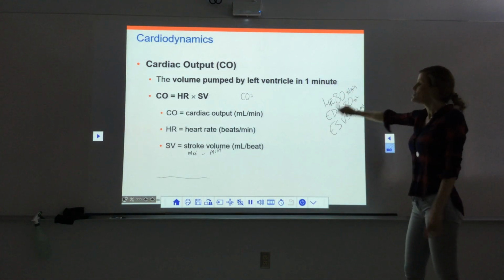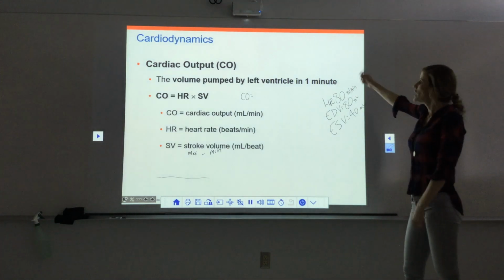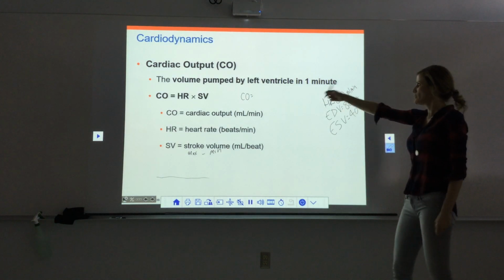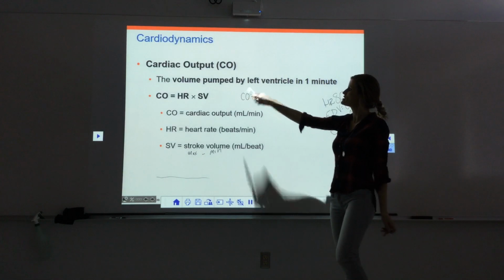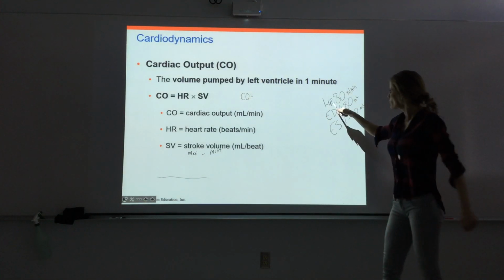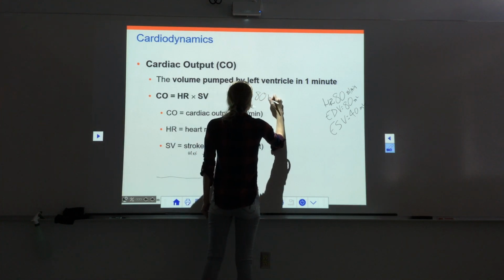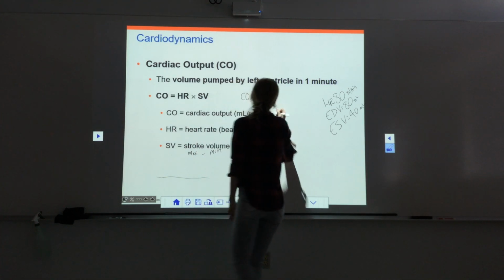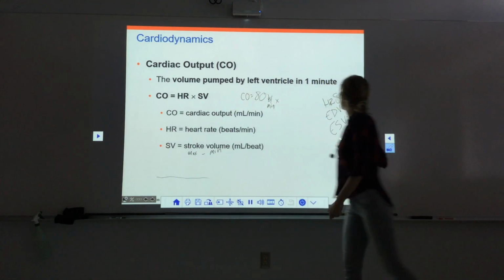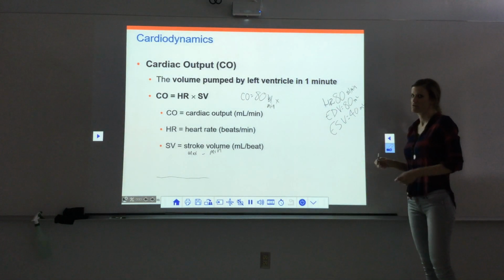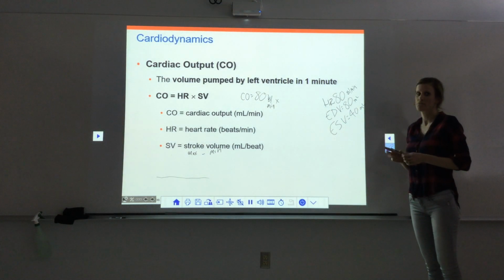So if I wanted to, and you should be able to do this, okay? If I wanted to calculate the cardiac output, I said cardiac output is heart rate times stroke volume. So my heart rate is, we have that, that's easy, right? 80 beats per minute times, I don't have my stroke volume here. How do I get my stroke volume?